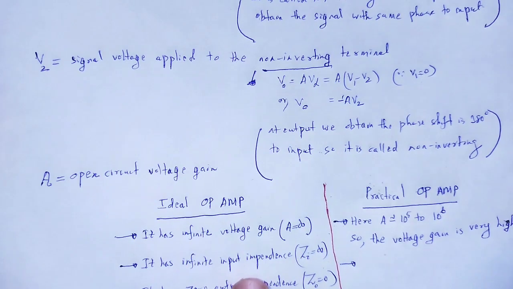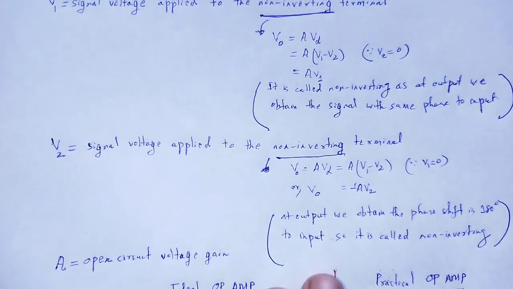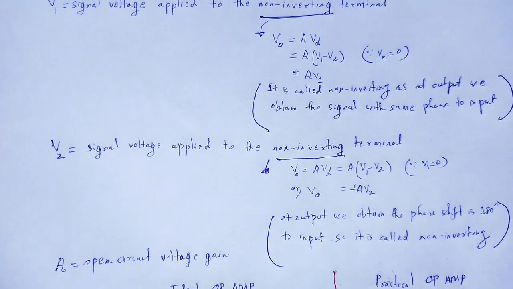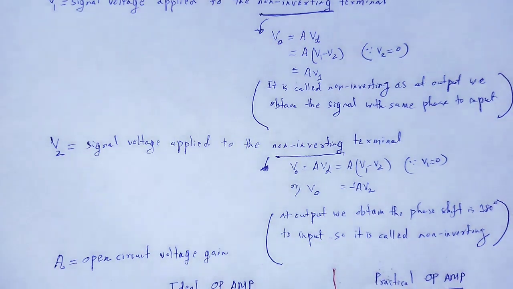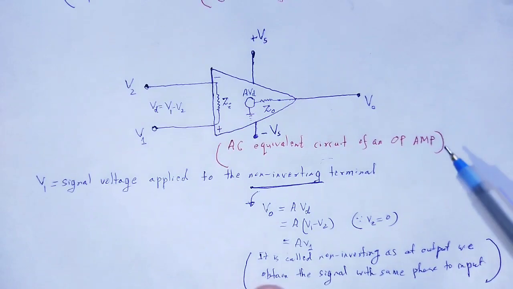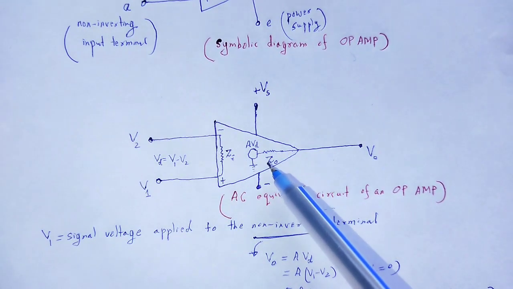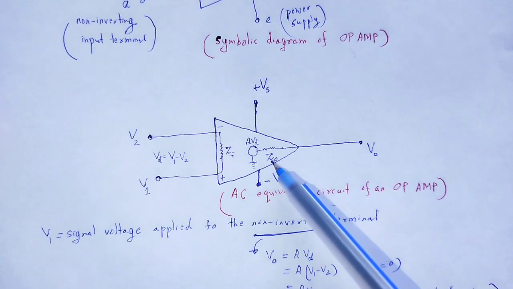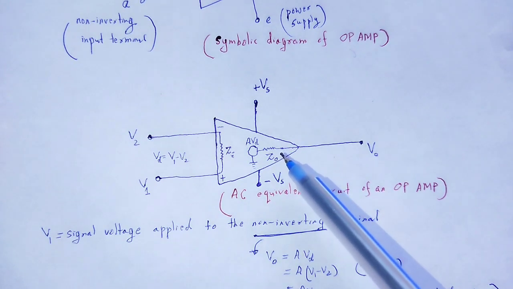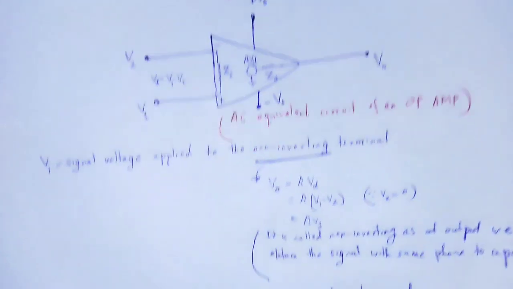At the same time, the input impedance is very high and the output impedance is very low.